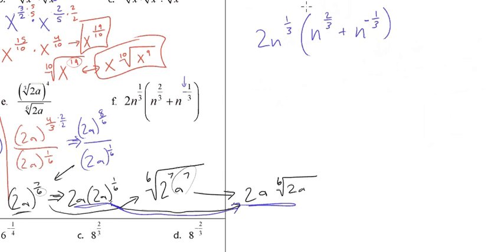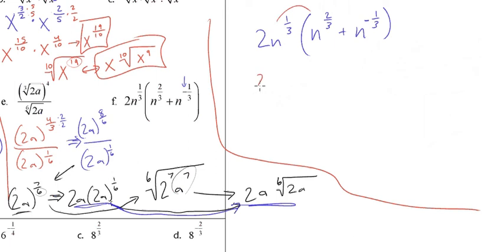So as we distribute this out, 2 times n to the 1/3 times n to the 2/3, add your exponents, and we get 2 times n to the 3/3, which is just 2n. Make sure that we're explicit about this being a subproblem.